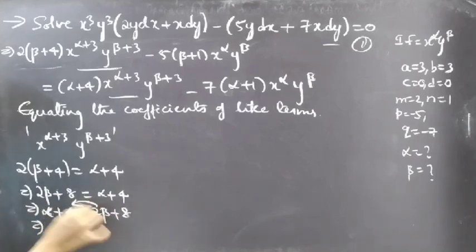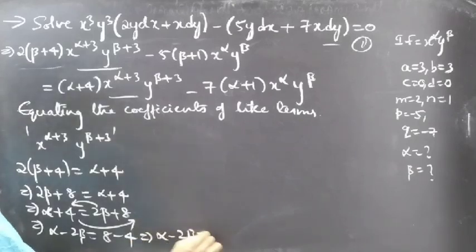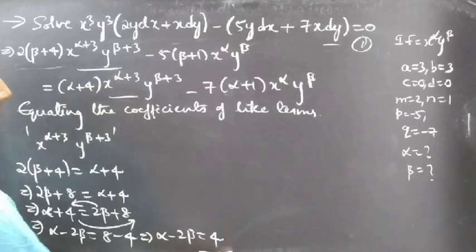Now bring this 2β to the LHS, take this 4 to the RHS, you'll get α−2β equal to 8−4, which gives us α−2β equal to 4. Okay, consider it as equation number A.